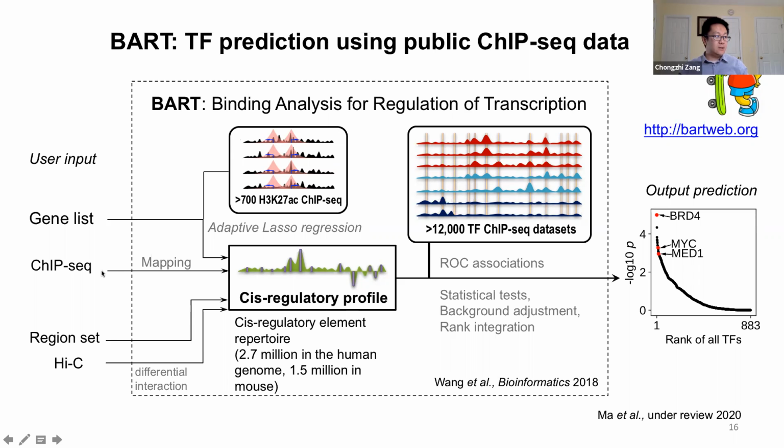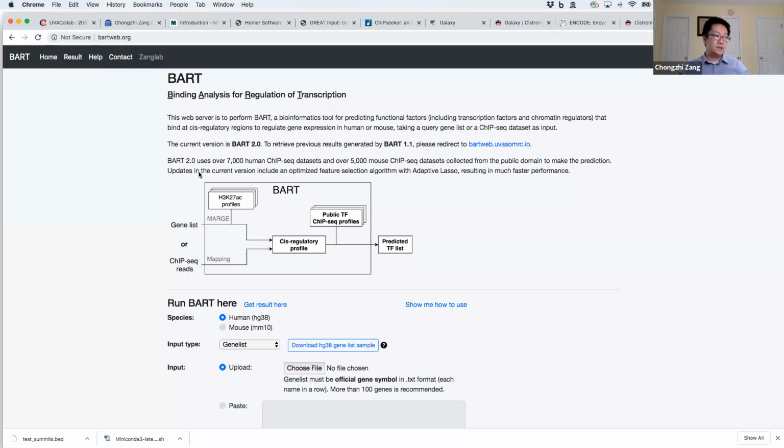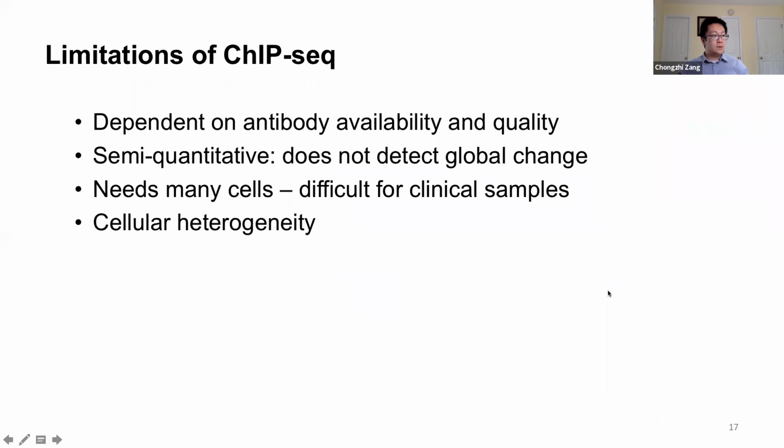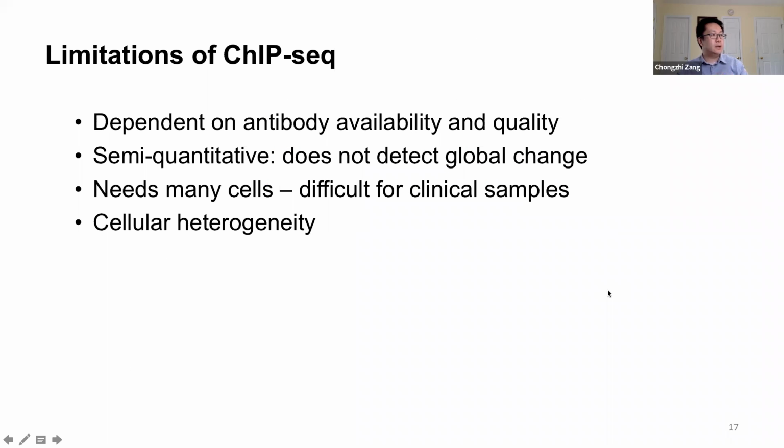If you input a known transcription factor as a positive control, you're most likely to get that right transcription factor on top of the prediction list. This tool also has a web interface called BART Web that you can try, uploading either a gene set or ChIP-seq data.